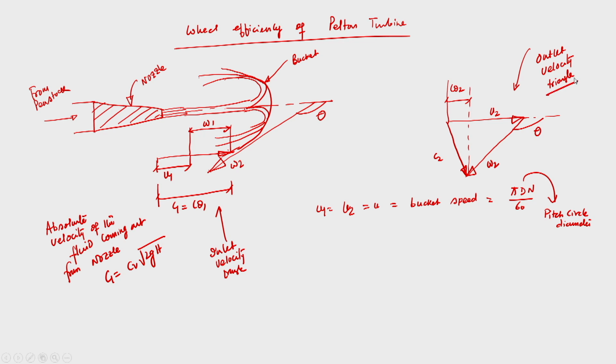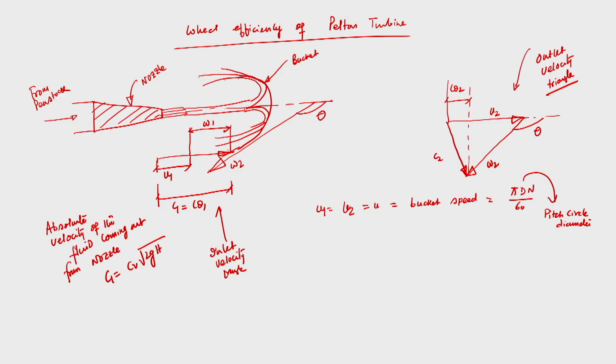So now from the inlet and outlet velocity triangles, we can quantify the change of momentum, and from there we can estimate the wheel efficiency. From the inlet velocity triangle, C theta 1 is equal to V, the flow velocity. Now what is the change between C theta 1 and C theta 2?